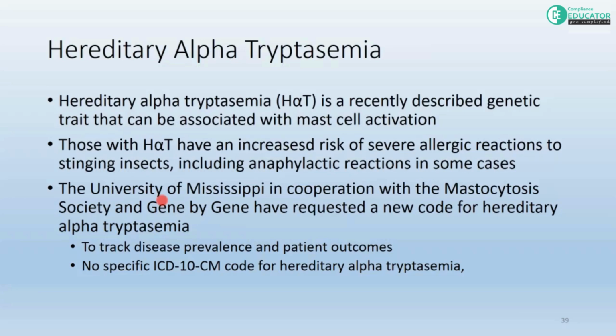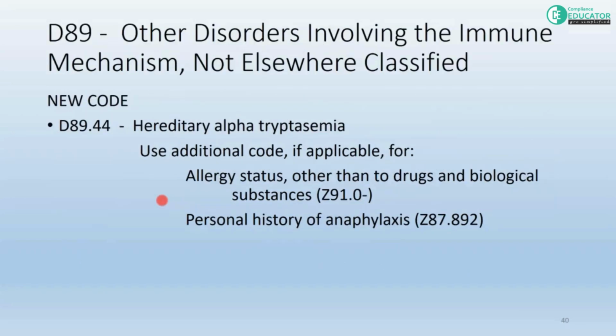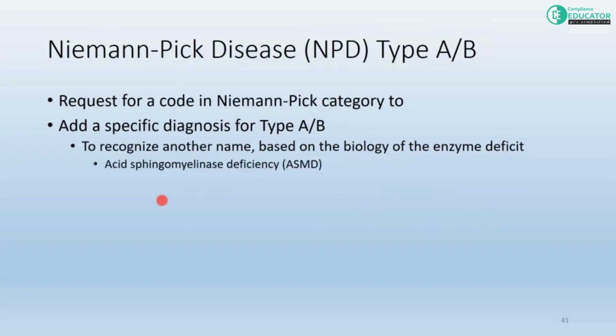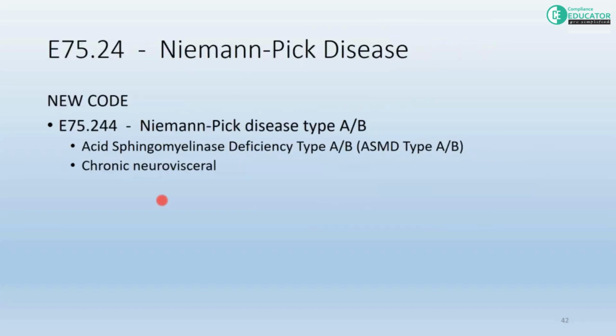So guess what? Let's give them a specific code, and then instructions that tell us to use an additional code, if applicable, for a couple of different things. The Niemann-Pick disease, this NPD, looking for a specific diagnosis for a specific type, and that's exactly what they gave us, and this is a rare disease.